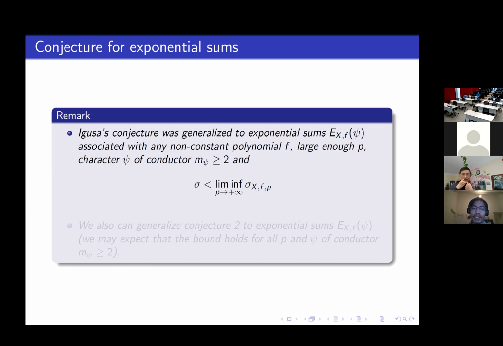Here I mean that when we want to remove the homogeneity of f, we need to have the condition that m(psi) is at least 2. And for sigma, we can consider sigma less than the lim inf of sigma_{f,p} when p tends to plus infinity.